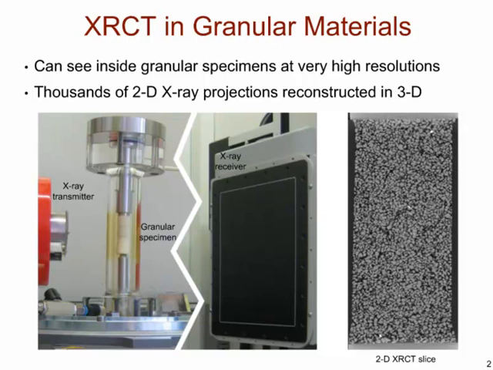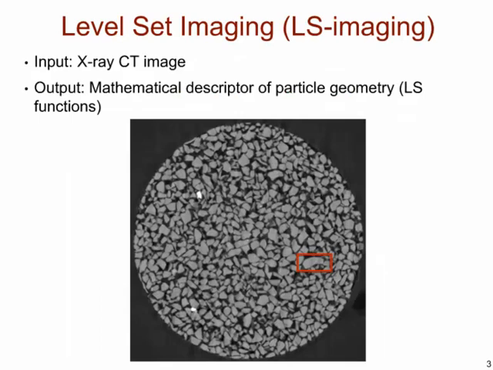So we are taking pictures while we are deforming the sample, and that's going to be invaluable information for computational models. But you can take your favorite imaging technique and everything I'm going to present today will also apply.